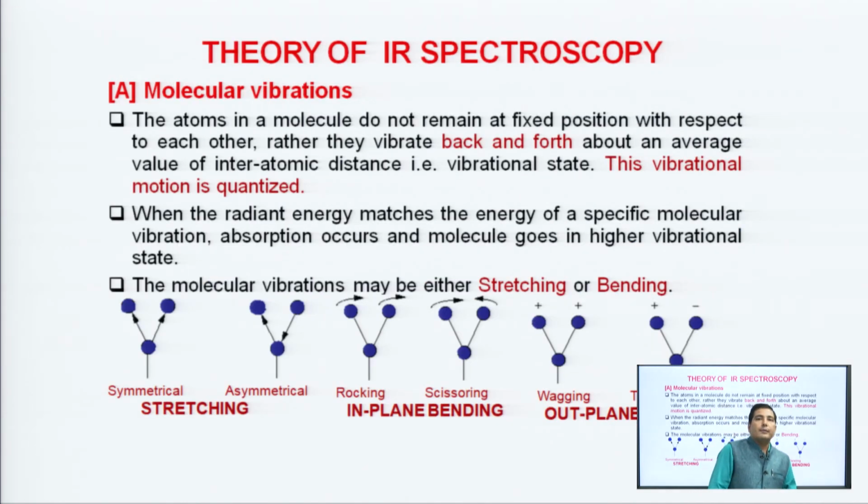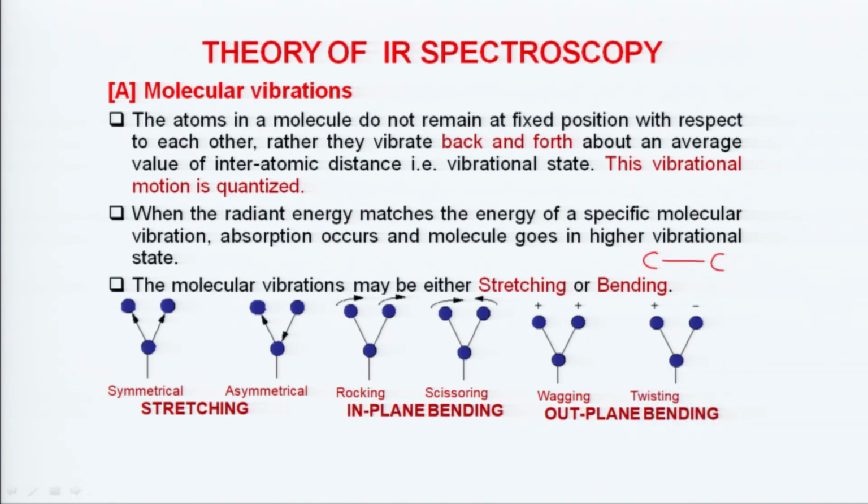Then the theory of IR spectroscopy, what is the basic idea behind this? The molecular vibration, we have to understand this step by step. So, now first we are considering molecular vibrations. The atoms in a molecule do not remain at a fixed position with respect to each other. It means whatever bond we consider, the bond length, suppose I am not even drawing atoms. An atom means a sphere.